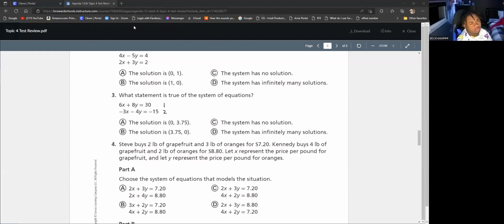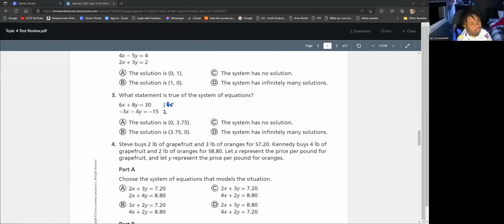Write it on the screen. The new number two. Rewrite the first one, and then underneath, rewrite the new number two. Just copy that first one.